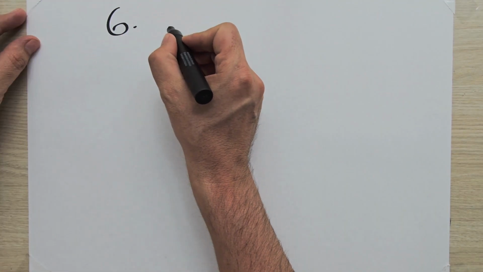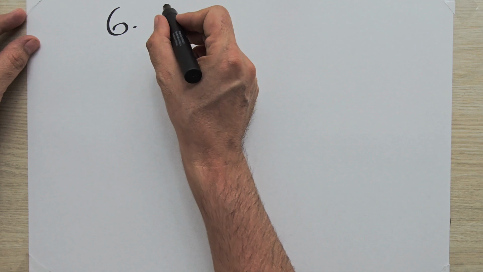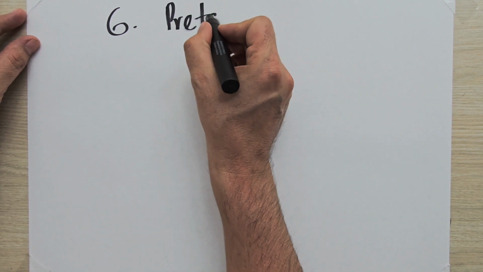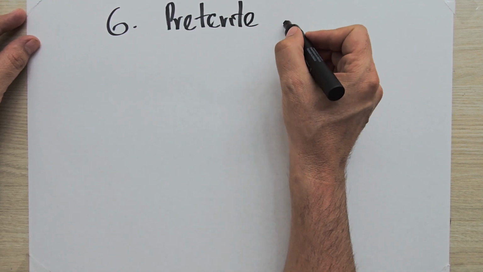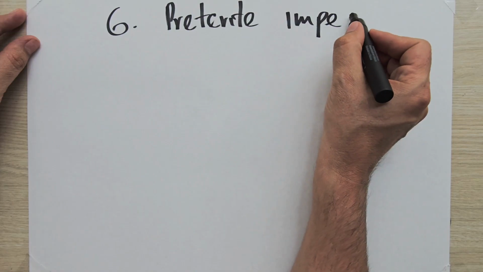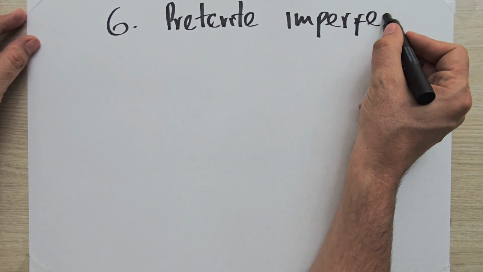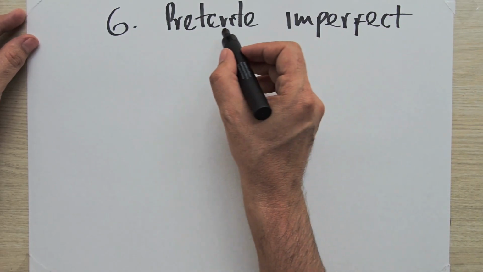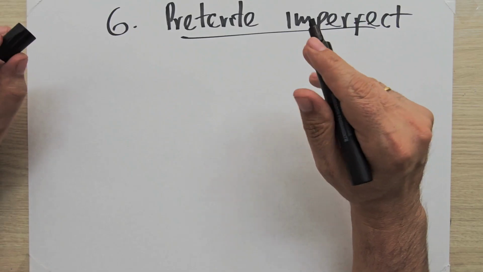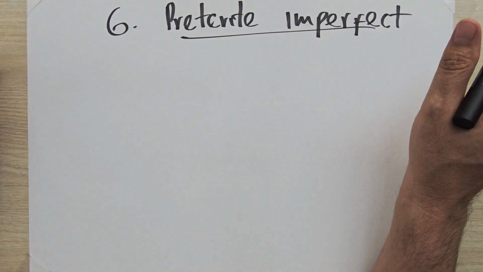The sixth tense I will learn is the Imperfect. This tense can be used in many different ways.